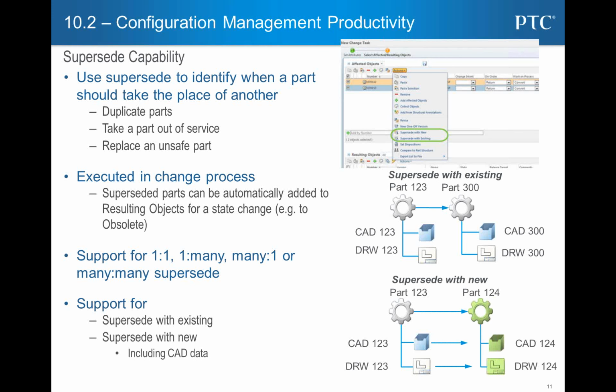And in the case of a new part, you can supersede not only the part itself, but the CAD documents, the CAD models, and the drawings associated with that. So you get a complete supersede. You don't have to separately deal with the data that's related to that part that's critical for manufacturing and purchasing.